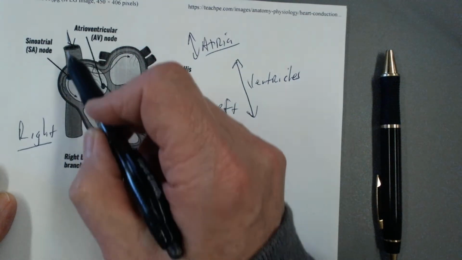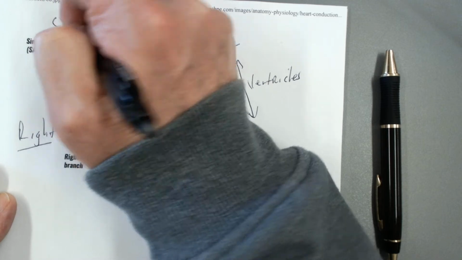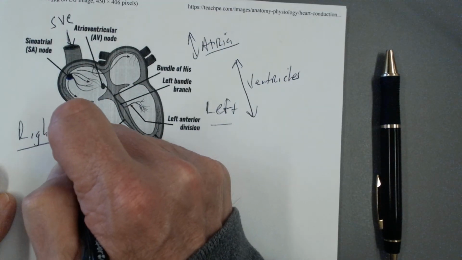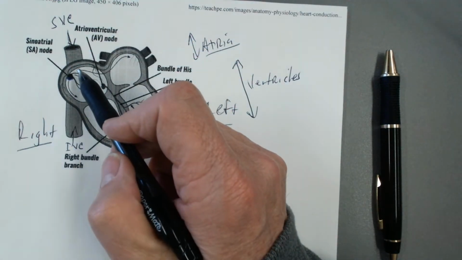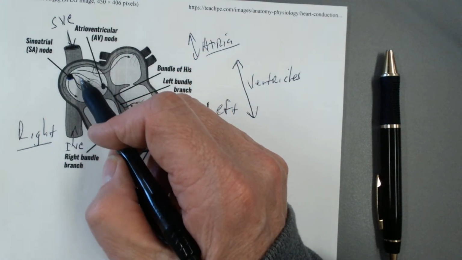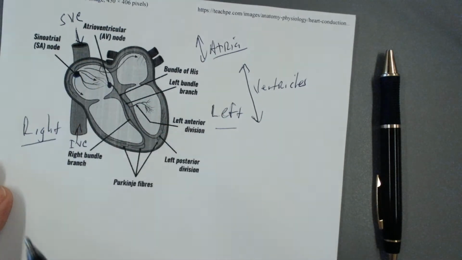Here's the superior vena cava, and here's the inferior vena cava. So about the place where the superior vena cava empties into this right atrium, you have the sinoatrial node.